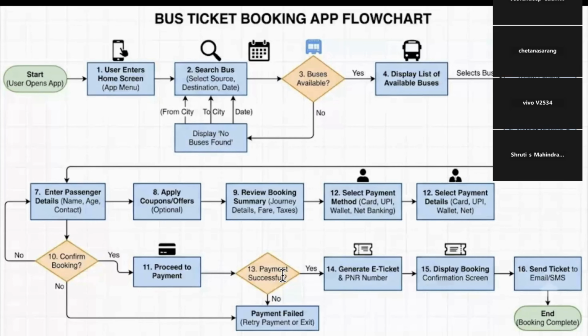And then, is the payment successful? Generate the ticket, send it, and booking complete. Sending an email or message is the confirmation. And there it ends. So very nicely it builds up. You can use all such real world context to make this flowchart session interesting. Without these, if we just show the basic examples that are in the textbook, students will definitely get bored.